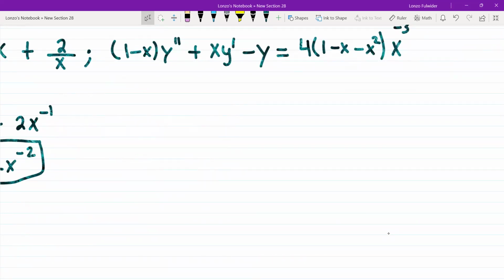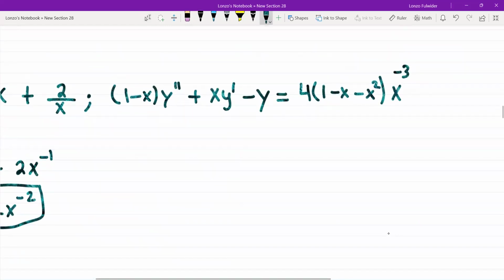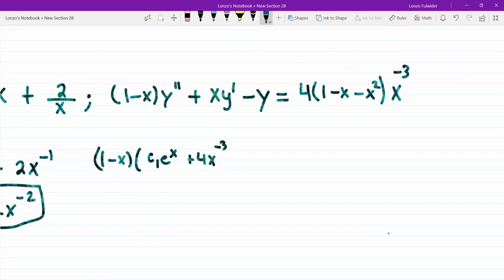So it's going to be 1 minus x times y double prime, and I boxed it, so I already have it. So y double prime is c1 e to the x plus 4x to the negative 3, right? Plus x times y prime.